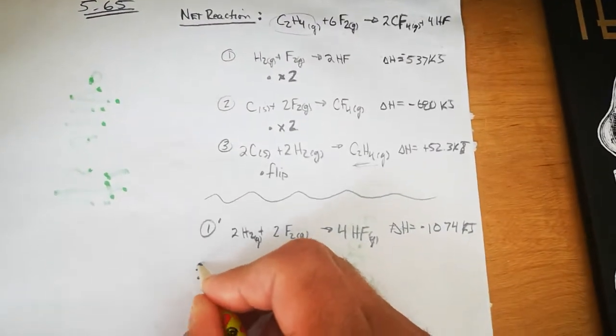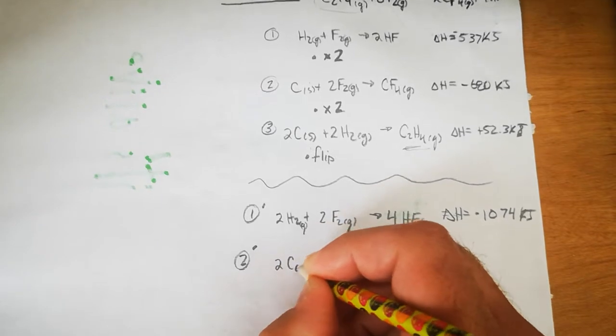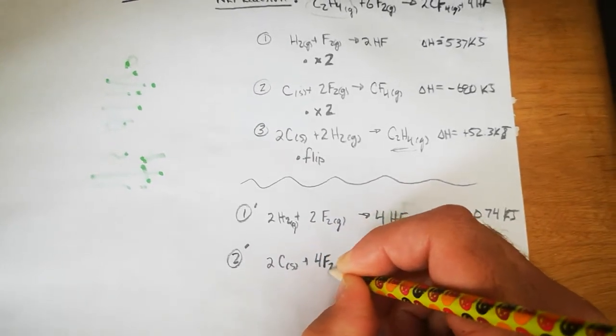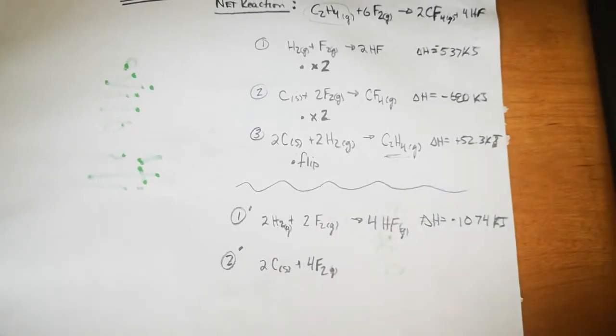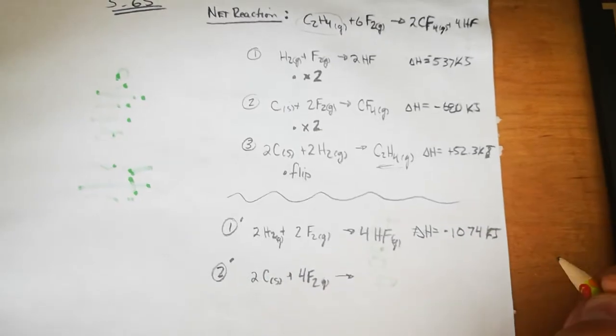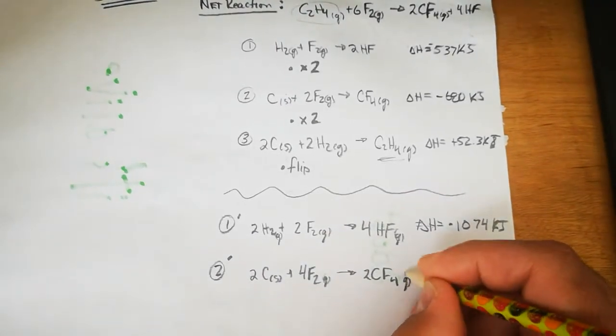So for reaction number 2 now, I'm just putting that little prime there to say that I've modified it. This has to be doubled as well. So now we've got 2 carbons, solid, plus 4 F2 gas, are going to form 2 CF4 gas.